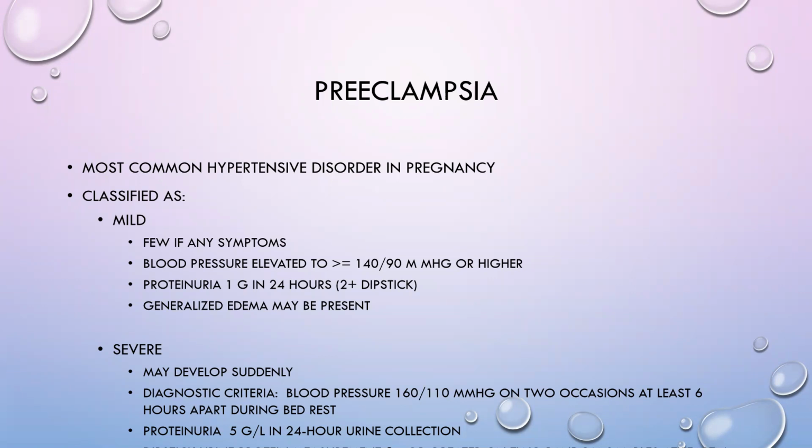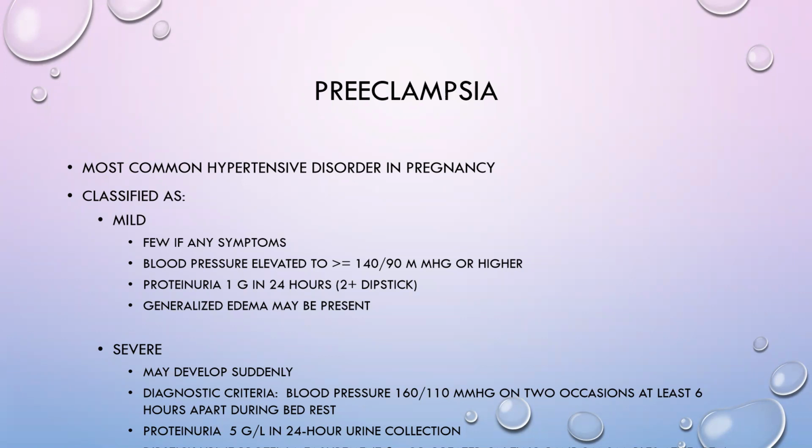With severe preeclampsia, it can develop suddenly. Blood pressures will show about 160 over 110 or higher on at least 2 occasions, at least 6 hours apart while they're on bed rest.